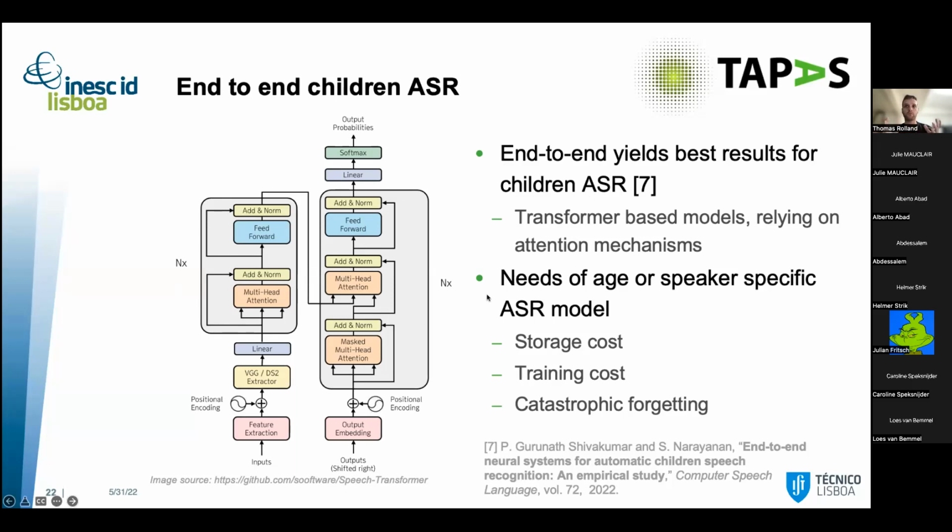A transformer model is very big, so it's not easy to store, especially if you fine tune everything. Training is also very hard because it takes a lot of time, and when we do transfer learning we have the problem of catastrophic forgetting. When you fine tune all the weights, you don't have any way to recover the initial model, and that was a bit of a problem.